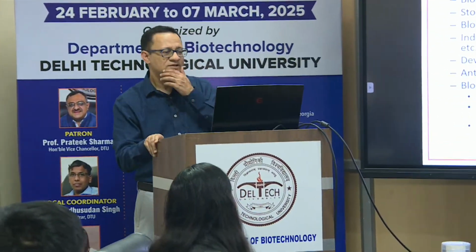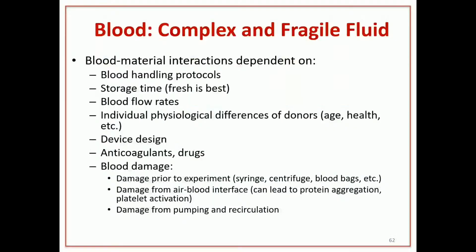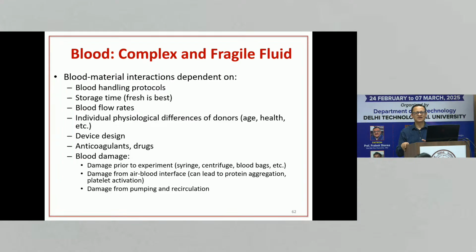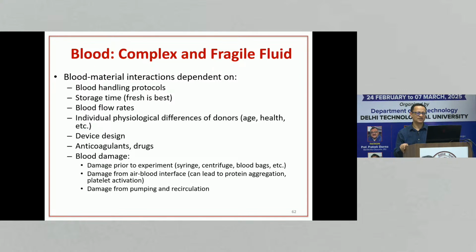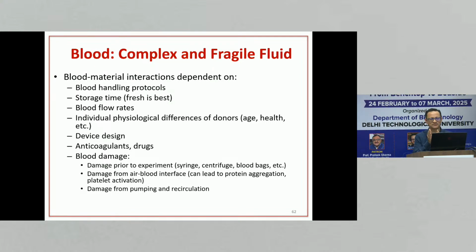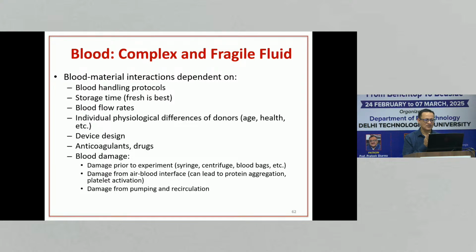Okay. So when we work with blood, it's very complex and very fragile, like we talked about, right? We have to treat it very gently. Blood handling protocol: in our lab, we have a proper SOP.